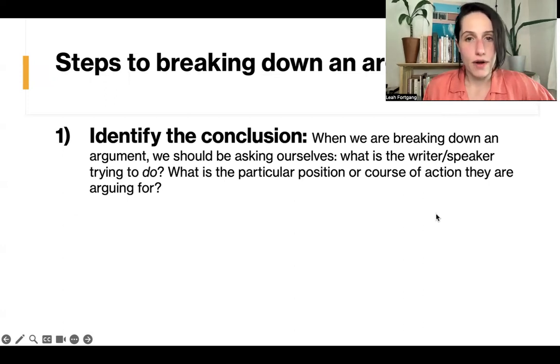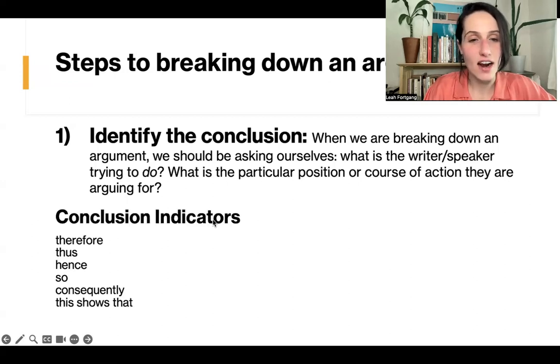When we're breaking down an argument, we should be asking ourselves what the speaker or writer is trying to do. What is the particular position, maybe a course of action, maybe a claim about the way the world is? What are they trying to convince us of?